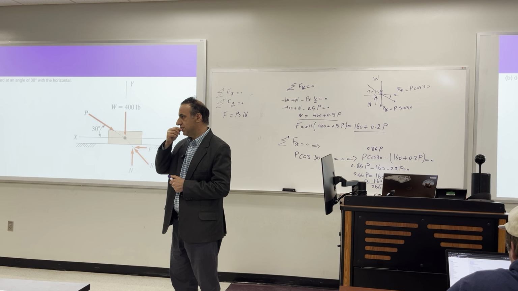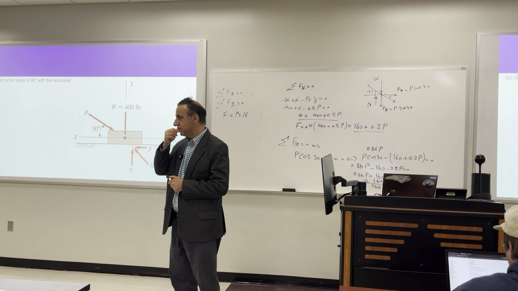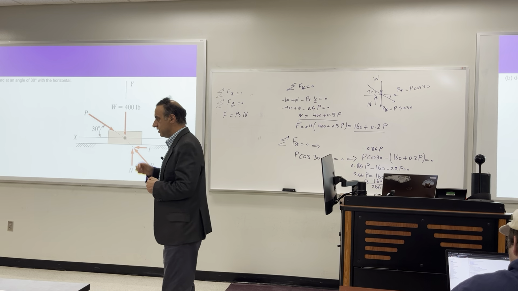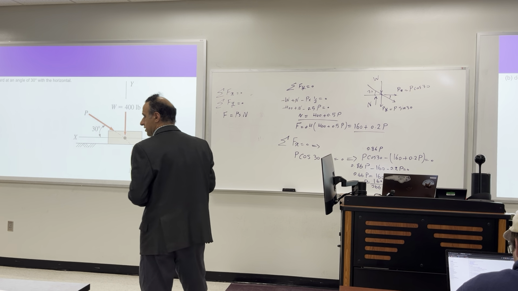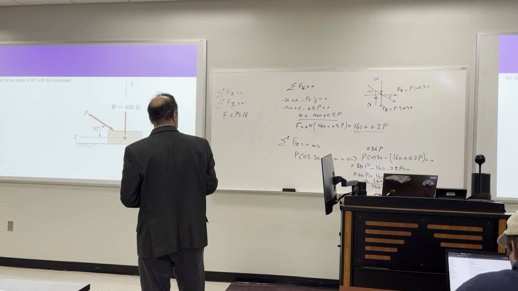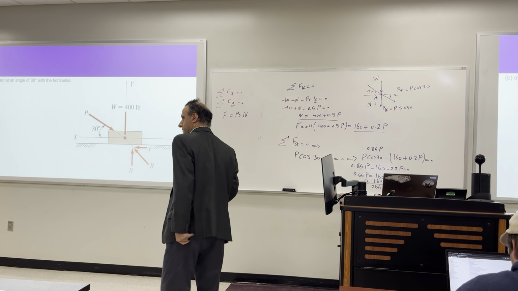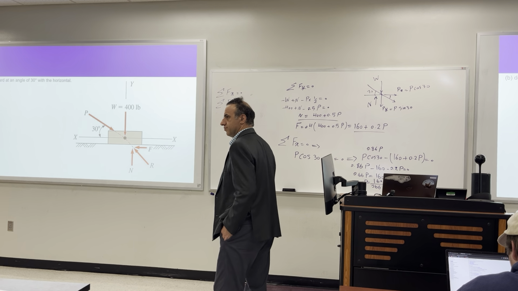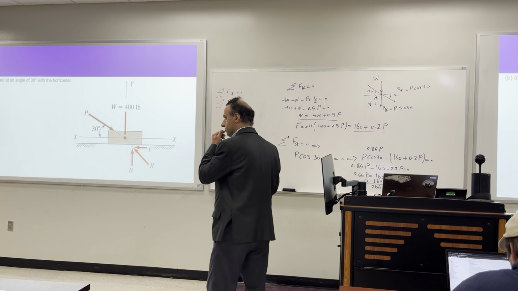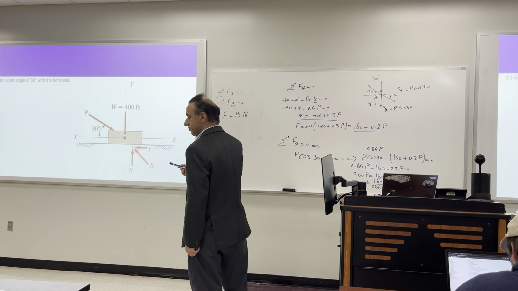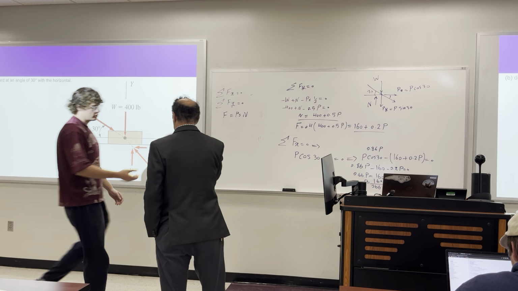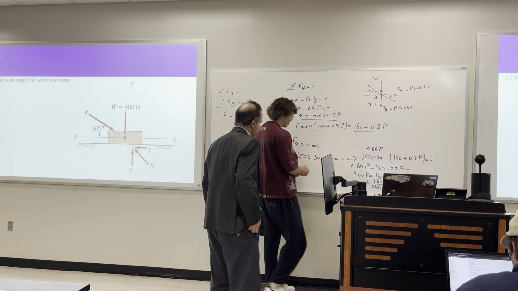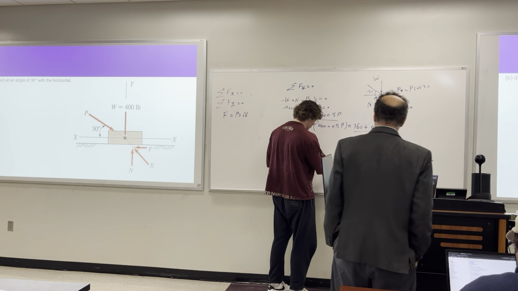Go ahead. So I don't get... So you have P cosine of 30 minus F equals 0, right? And then the F never got in the right side of the equation. So did you just... Come here. You're solving for P. Yes, we're solving. It's the same variable of each one. So like how does this F not carry over?